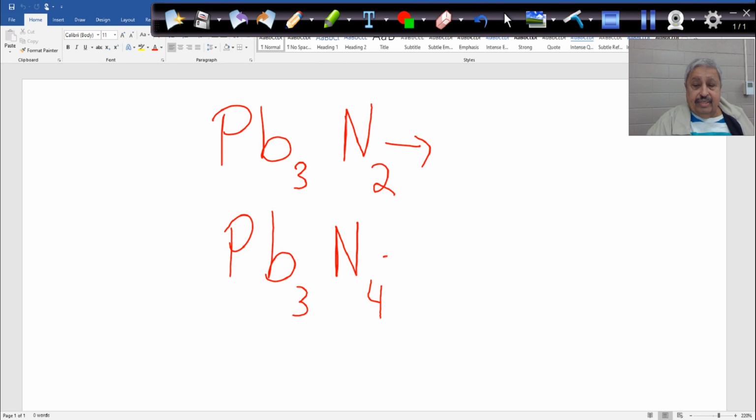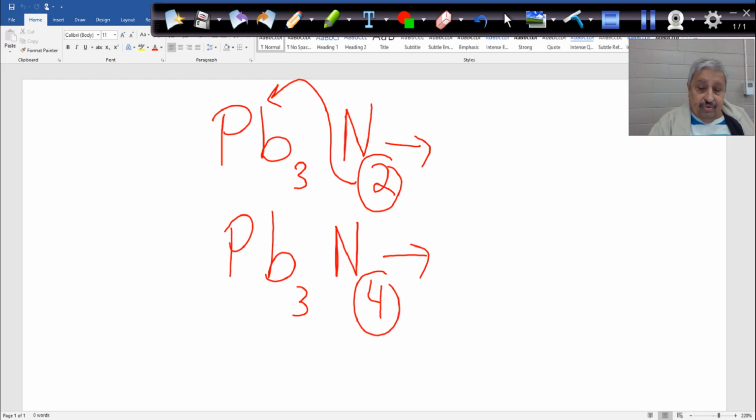What do we call this here? It turns out since lead does have multiple charges, the 2 here is coming from where? From the lead, and the 4 came from the lead.